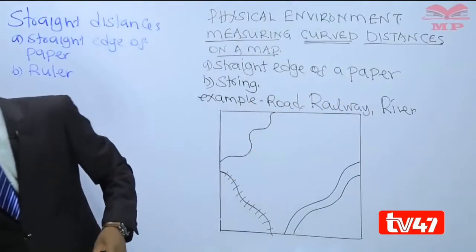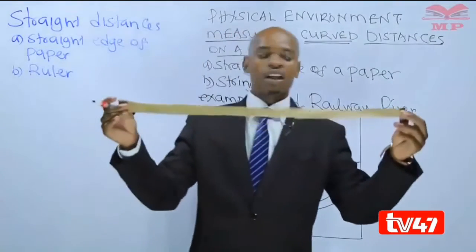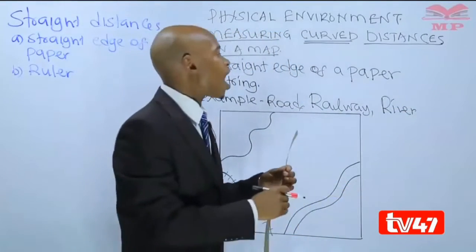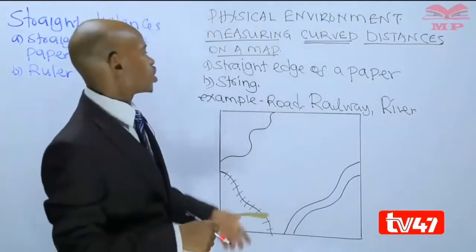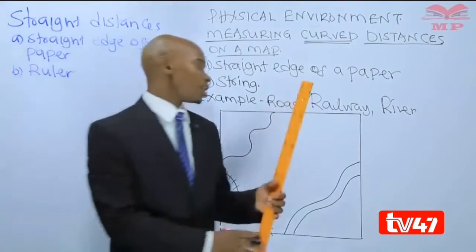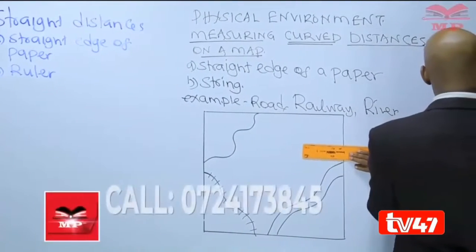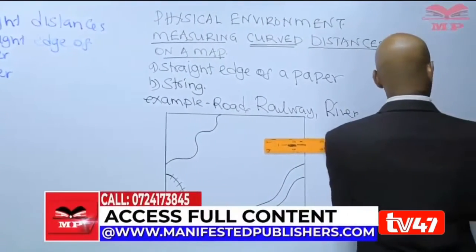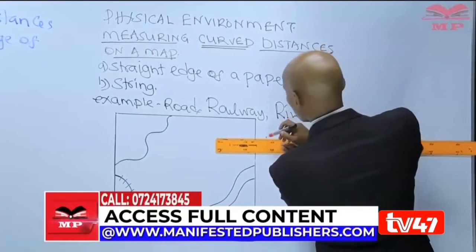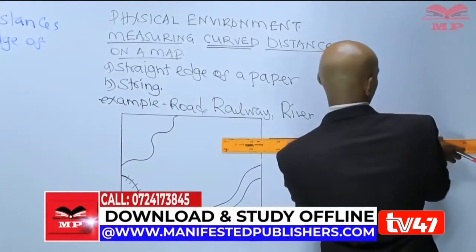This is our straight edge of a paper, and it is the one I will be using to demonstrate how to get your distances. Before we start measuring, we are supposed to have our scale, because it is in the scale where we shall get our measurement.